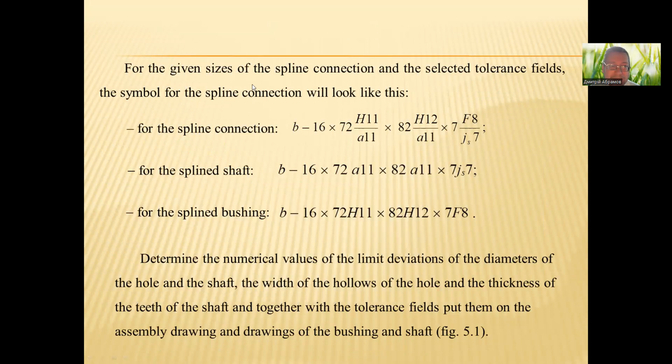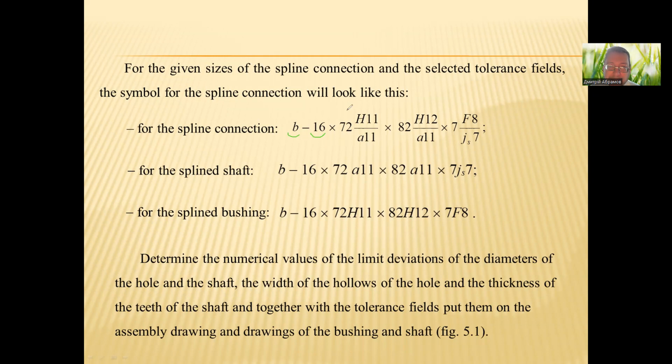For the given size of the spline connection and the selected tolerance fields, the symbol for the spline connection will look like this. Its centering parameter is B, on the first place. 16 is the number of teeth.